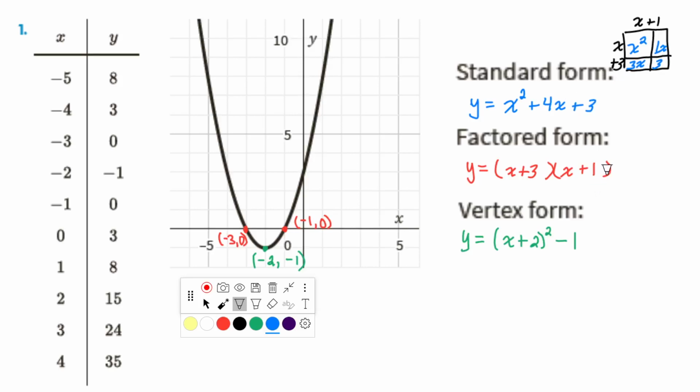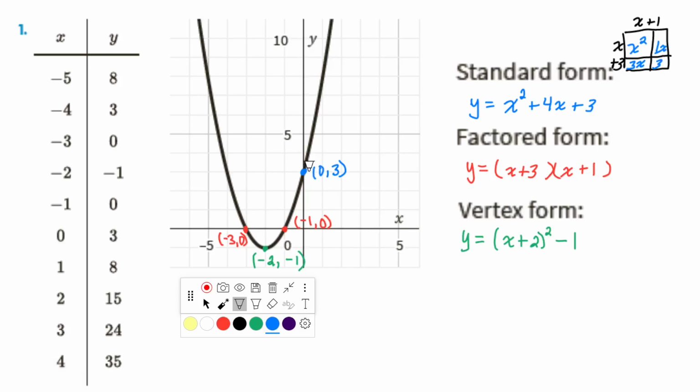Now, one thing I can verify is the 3 is the y-intercept of our parabola. So if we look at our parabola, we see that it does intersect the y-axis at 3. So we can use our graph to verify that we have our standard form done completely.